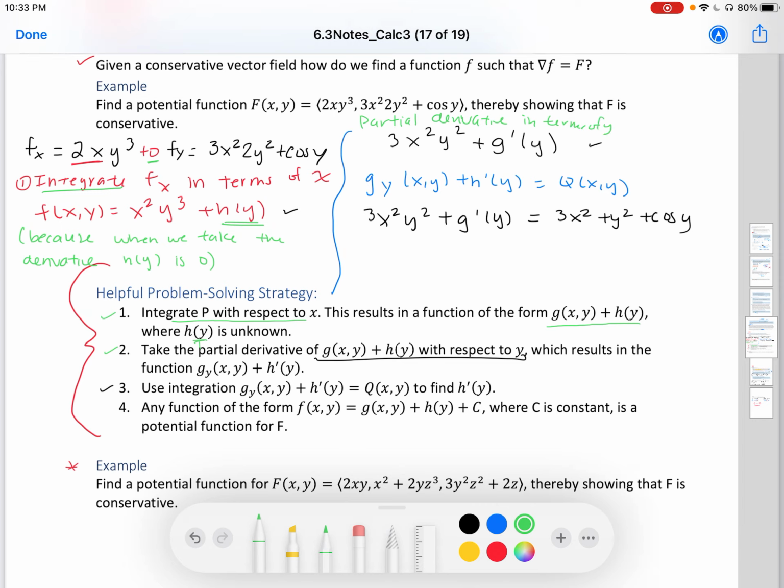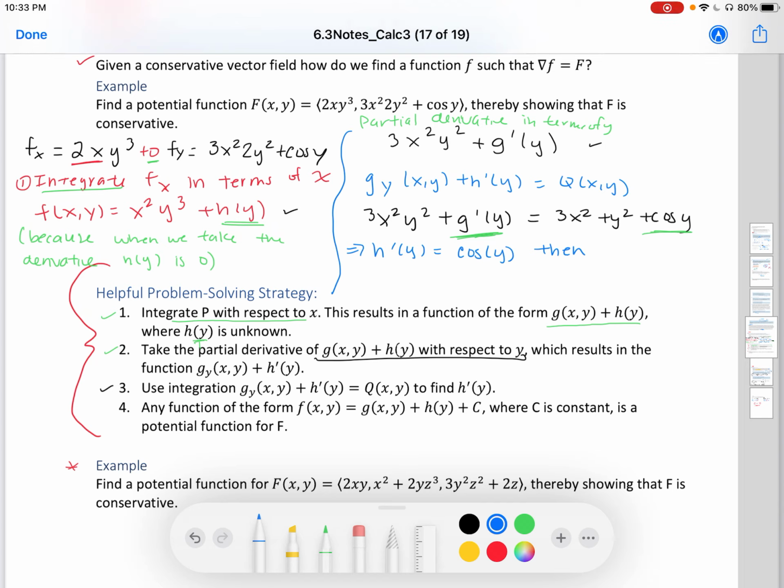So we set those two, working with those two, we can now set it equal to our functions. So our two functions equal to each other. And we see that h prime of y would be the same as our cosine of y. So this implies that h prime of y is equal to cosine of y.